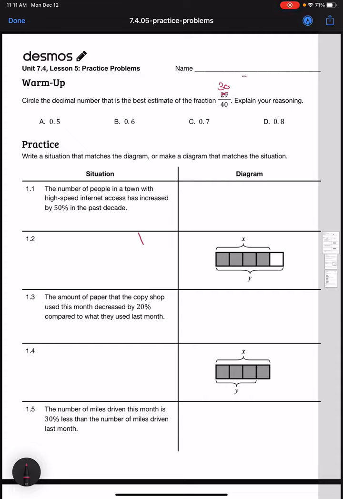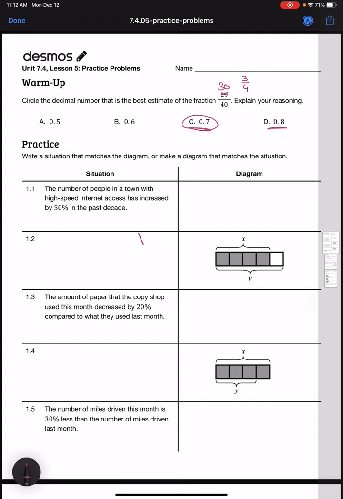And I know 3/4 is my benchmark, which is 75%. So that's going to put me in between 7/10 and 8/10. But since it's actually 29, not 30, I think it's going to push it a little bit closer to the 7/10 instead of the 8/10, since it's not exactly in the middle.